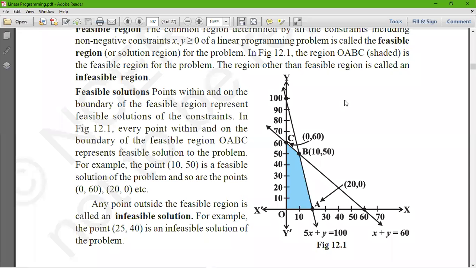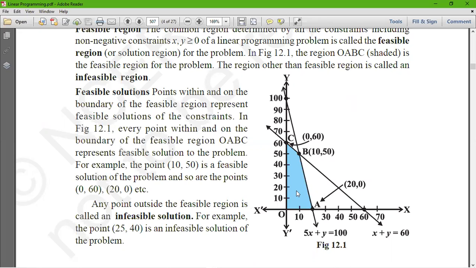When we plot these in a graph, we see the graph like this. Here, the x-axis is the line y equals 0, and the region above this line is y greater than 0.